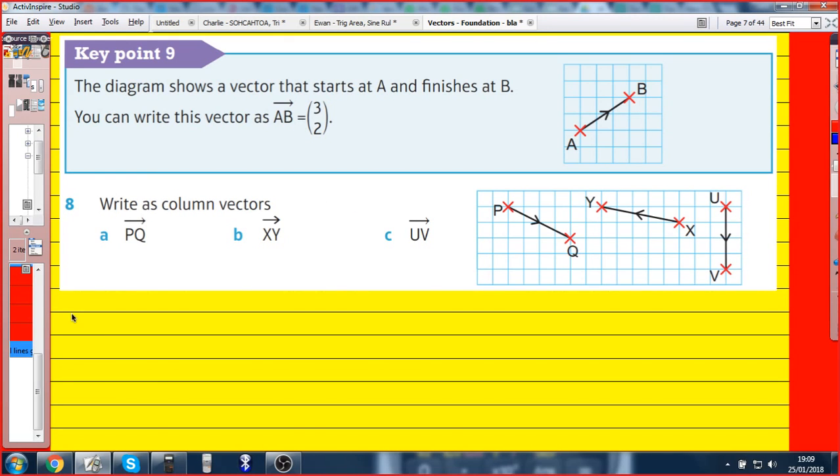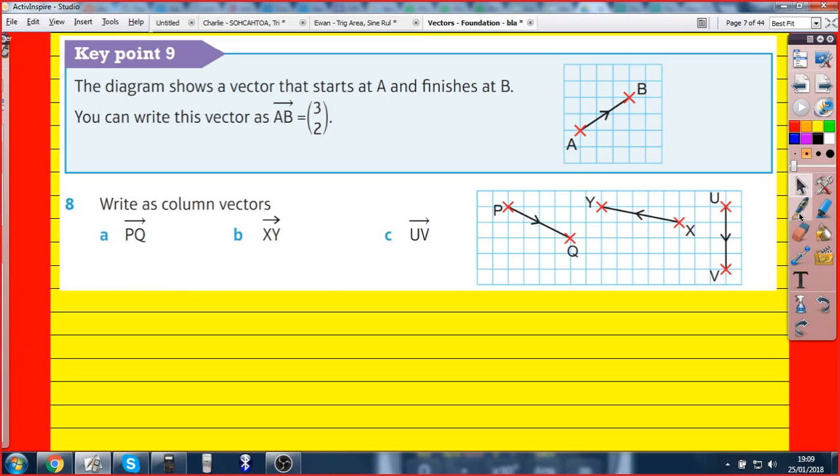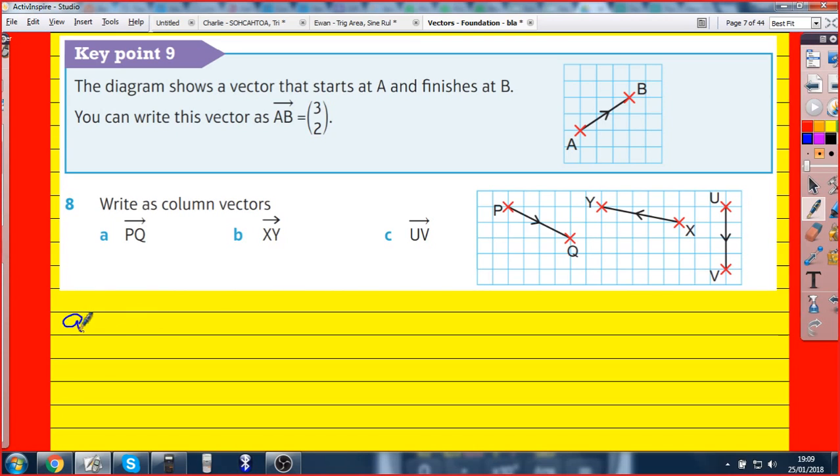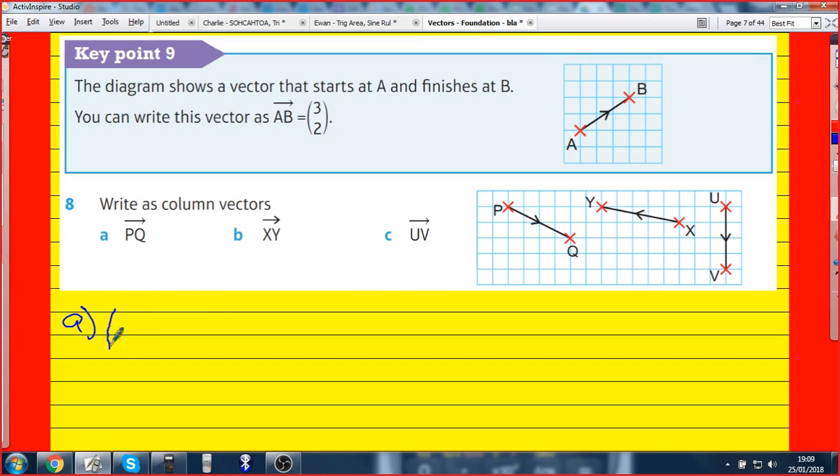So what is the vector P to Q as a column vector? So -3. No, -2. You do across first. Okay. So we go 1, 2, 3.